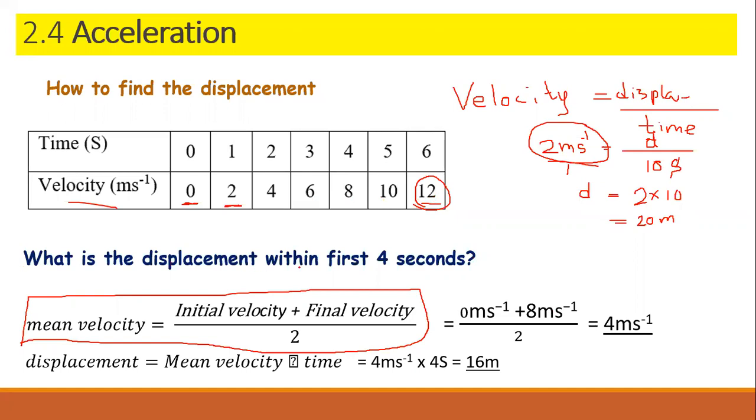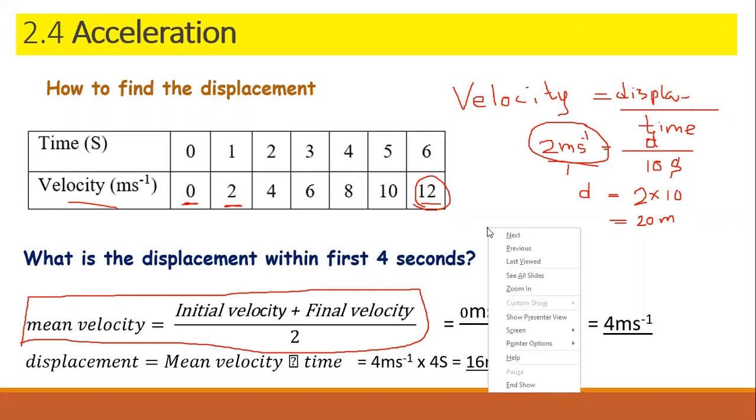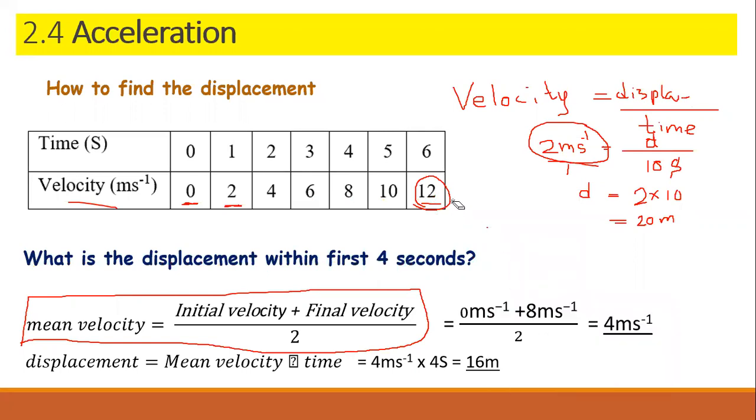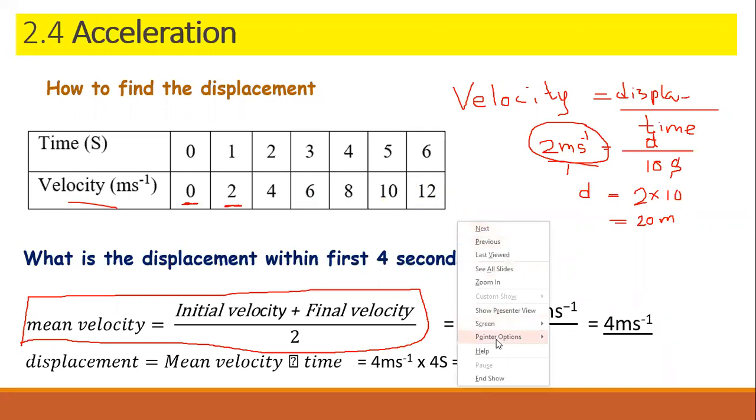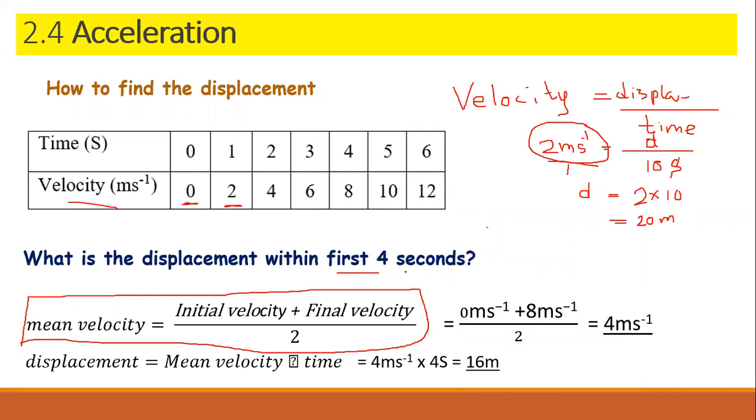What is the displacement within the first 4 seconds? We should consider only the first 4 seconds. I took this total thing as that, so it is not the question. It is just about the first 4 seconds.